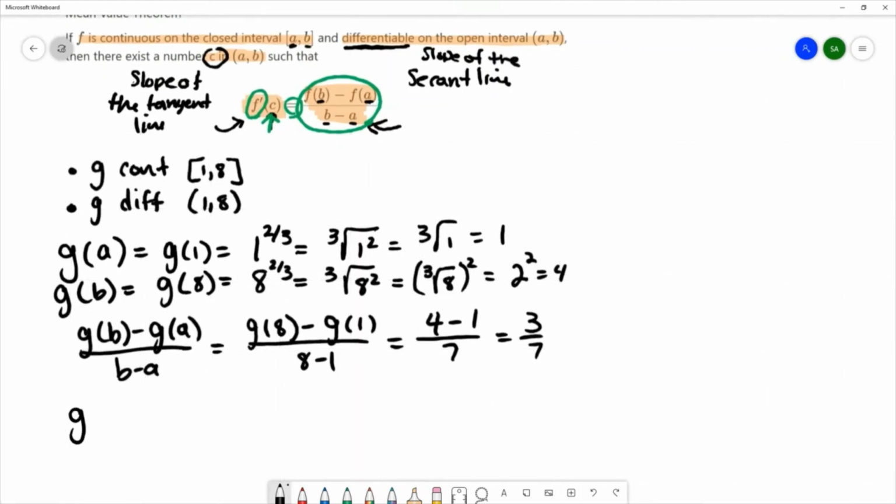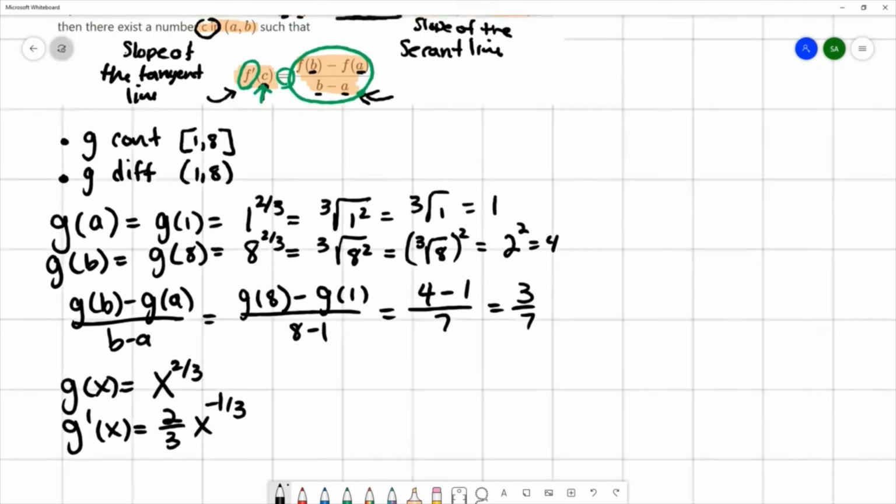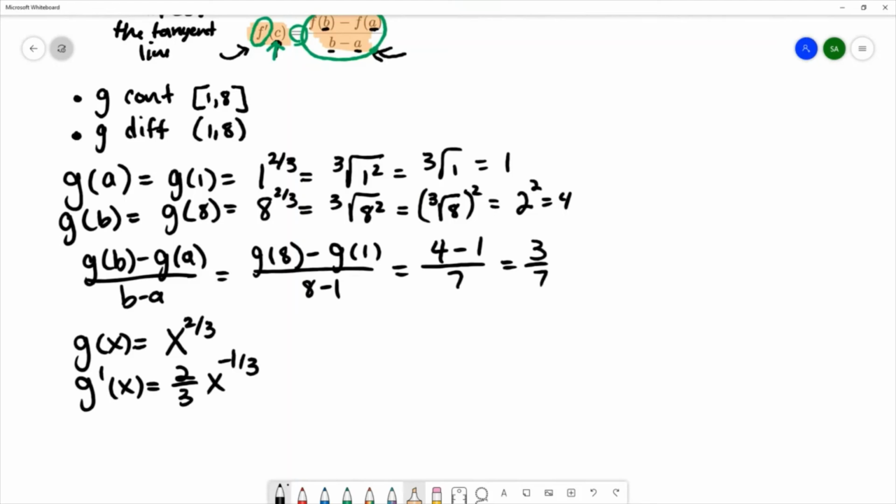So remember, our function g of x is equal to x to the 2/3 power. We'll calculate the derivative using the power rule, and that gives me 2/3 x to the negative 1/3. And I want to set the derivative equal to that value of the slope of the secant line. That's 2/3 x to the negative 1/3 equals 3/7. I can start solving this equation by multiplying by the reciprocal.